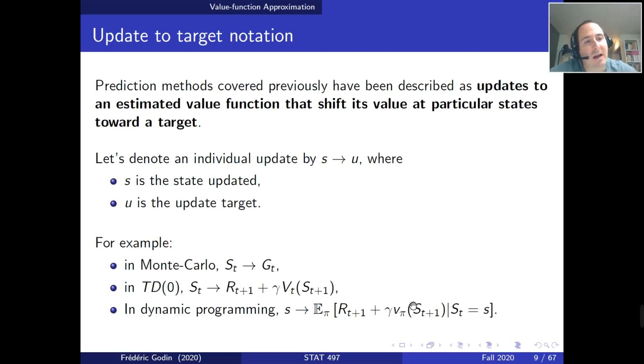Okay, so we see that the algorithms from the previous chapters can be expressed as follows. Whenever you face a state S, you update its value slightly in the direction of the target, where the target can be either the full return of the episode, the next reward plus bootstrapping term, or the expectation of the next reward and the next value function, either the true one or the estimates if you don't have the true one.